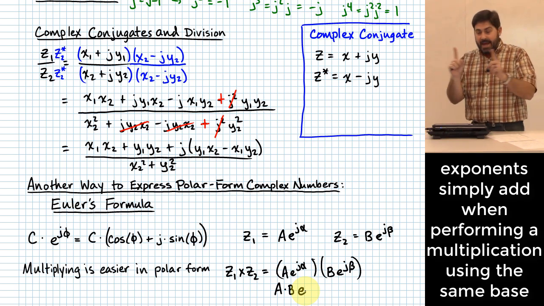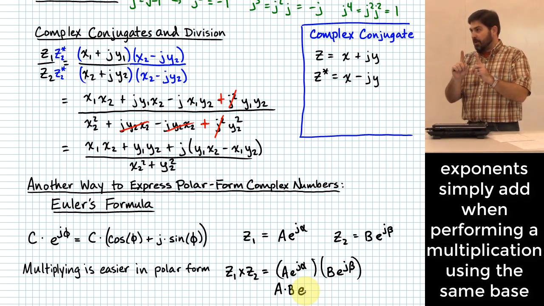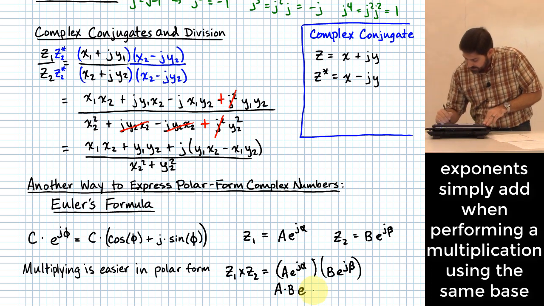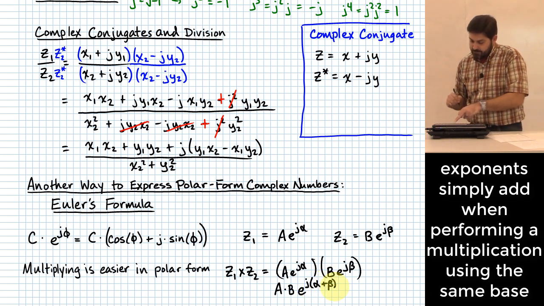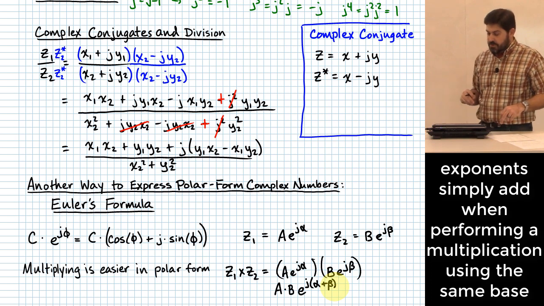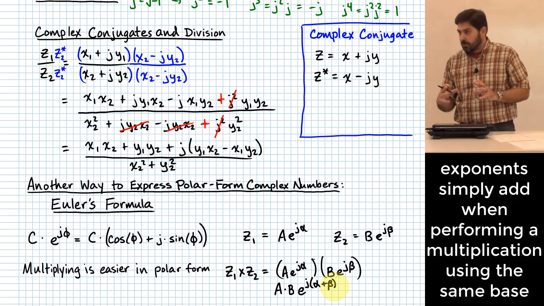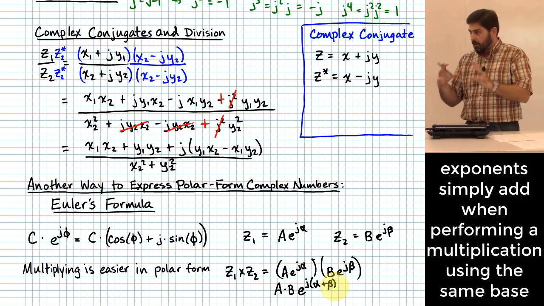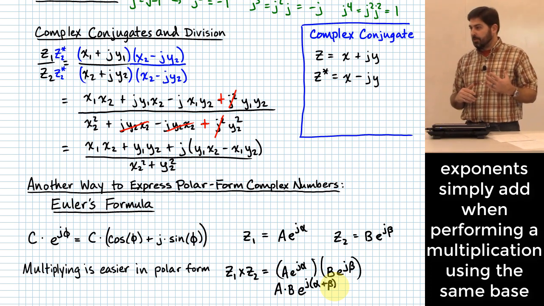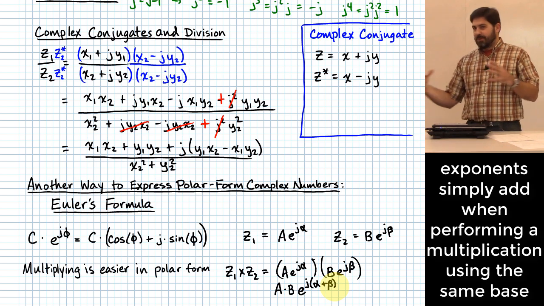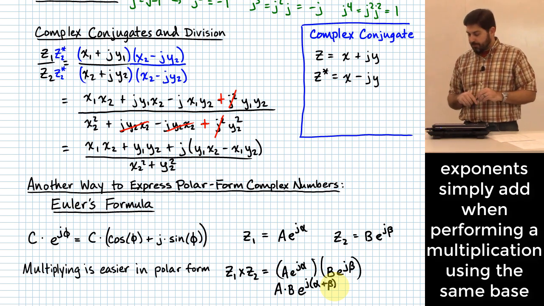You should be able to add together your exponents, right? So that means e now is going to be raised to j times alpha plus beta. So doing that multiplication in polar form is significantly easier than doing a multiplication using FOIL on your rectangular form.